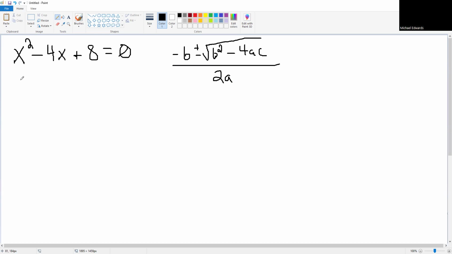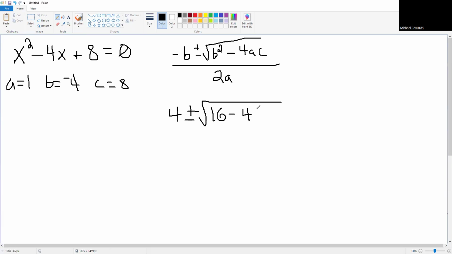So we know that a equals 1, b equals negative 4, and c equals 8. So let's plug that in. b is negative 4, so we're at 4 here, plus or minus the square root of b squared. Well, negative 4 squared is what? It is just 16.